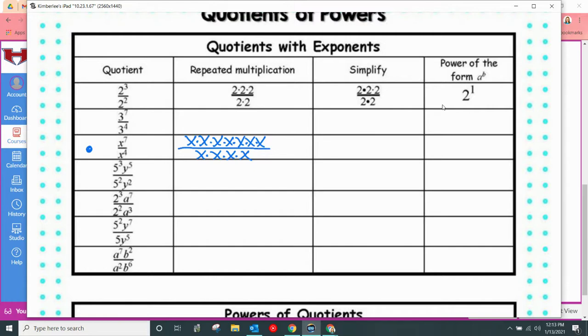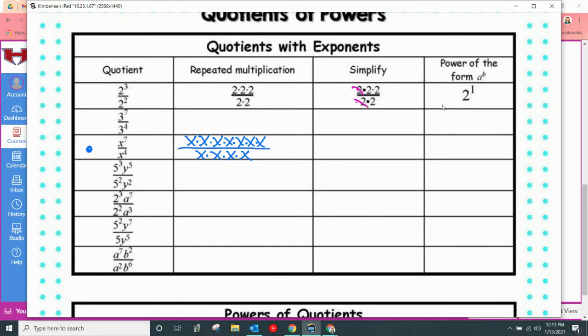So what we need to remember is that when we have a number divided by the same number, which the simplify up here actually is not written. So for instance, if I was to take 2 up here and divide it by the 2 on the bottom, well, 2 divided by 2 is just 1, isn't it? And remember, 1 times anything doesn't change the number.